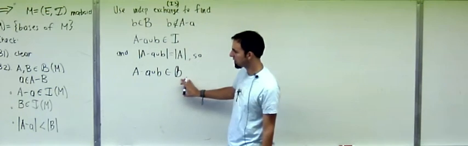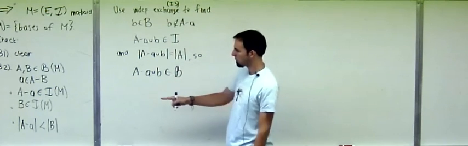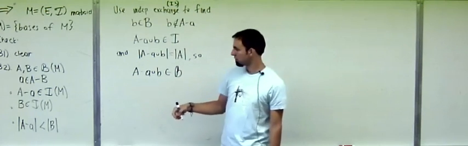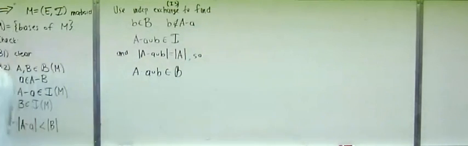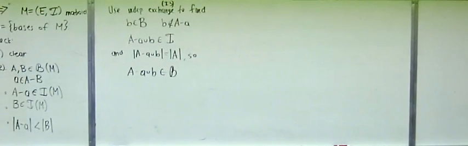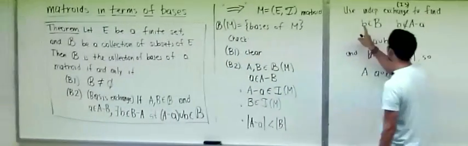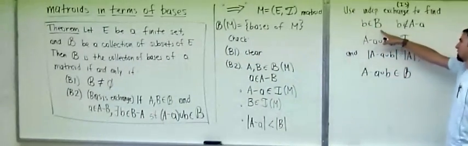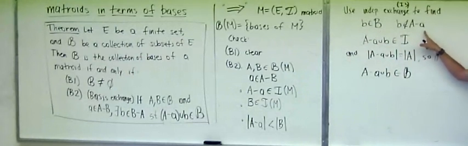What is the last thing I need to check? I wanted to find a little b in B minus A. But you see, b is in B, and it's not in A. So that means I'm done.